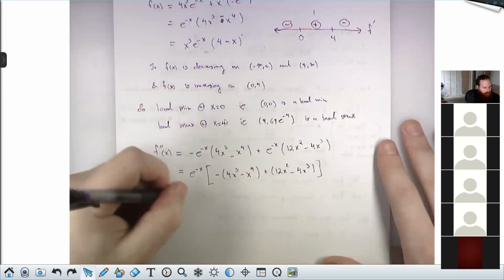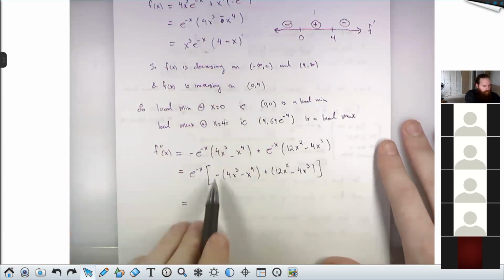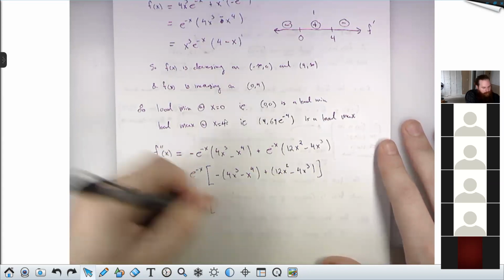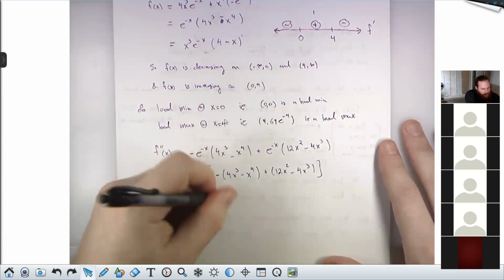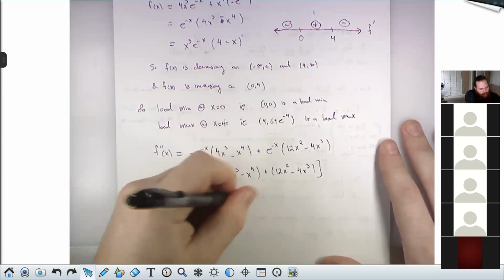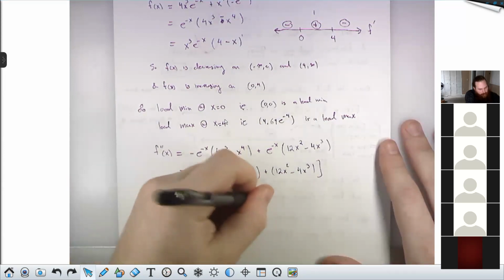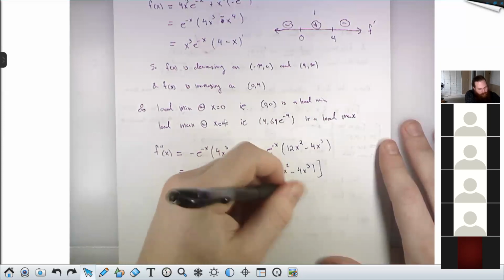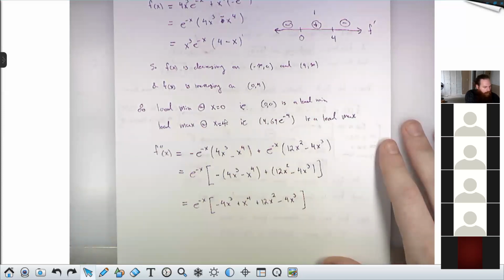The algebra here is getting a little bit hairy. I'll distribute this negative. I'll leave the e to the negative x alone on the outside. So that's negative 4x cubed plus x to the 4 plus 12x squared minus 4x cubed. Do those cancel? No, they don't.